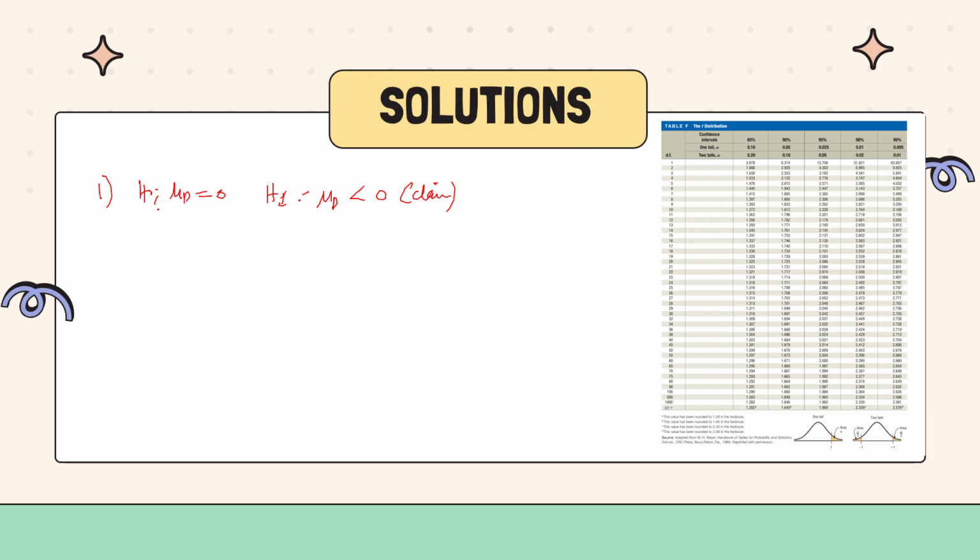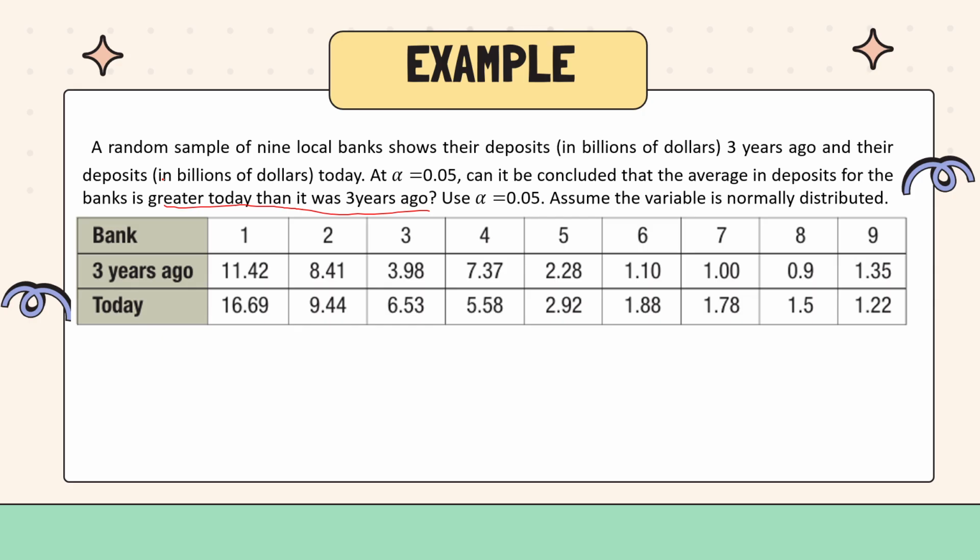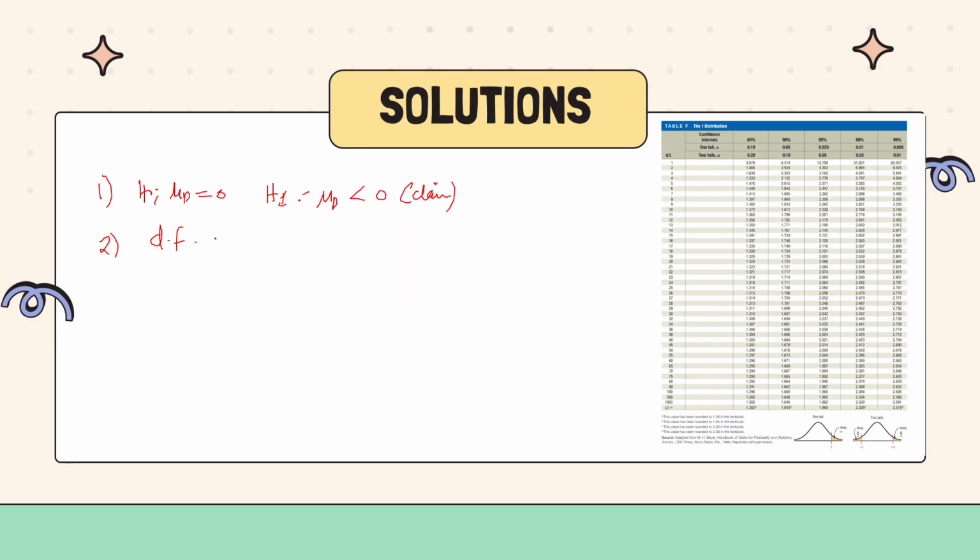Next, step number 2 is we need to find the critical value. So our degrees of freedom here, we have n = 9. So 9 minus 1 is equal to 8 at alpha 0.05. So this is a one tail.